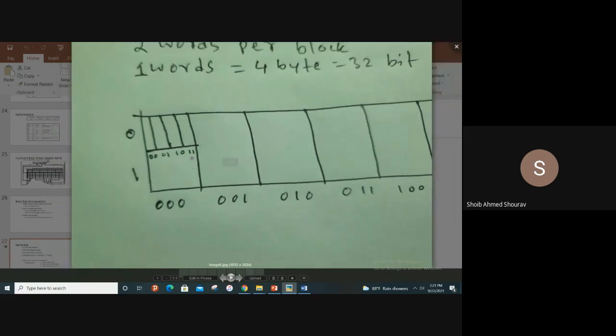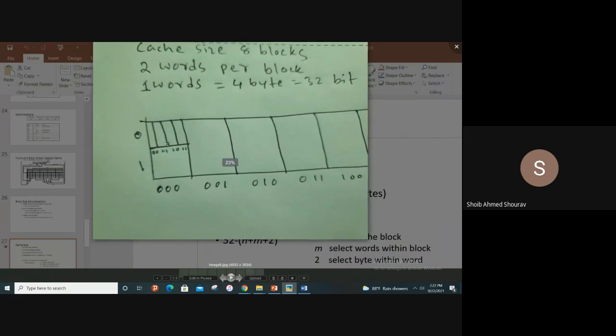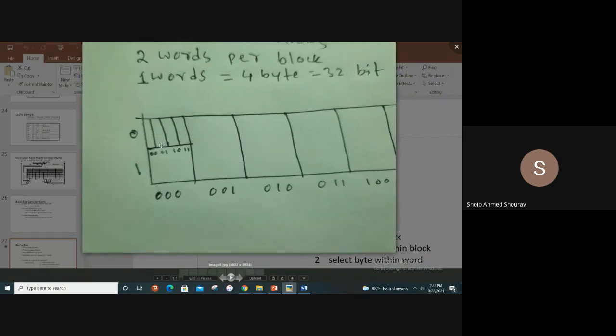So for example, our processor demands the 1 number byte. That is this byte. And how can we find this 1 number byte? First, we have to find in which block this byte is, right? To find out in which number block this byte is present, we have to take 3 bits of information, right?